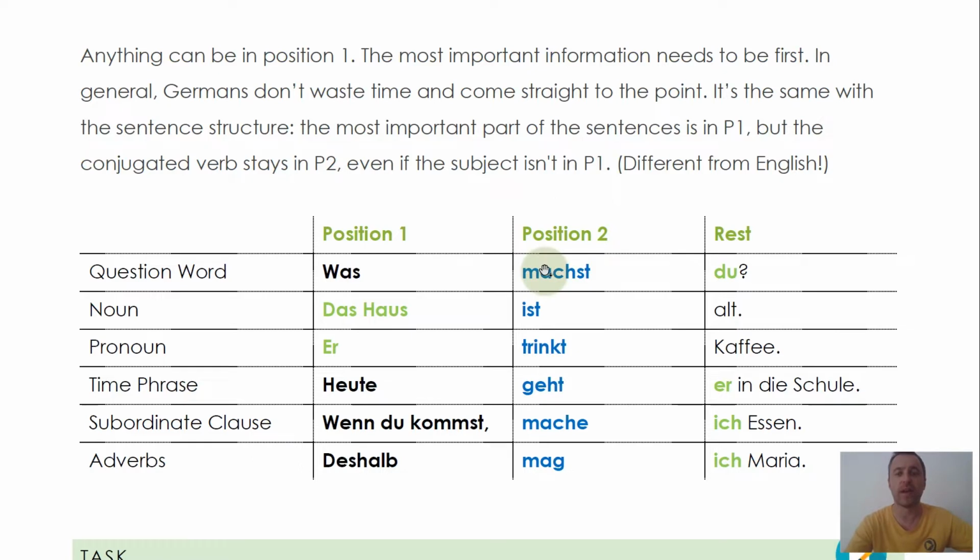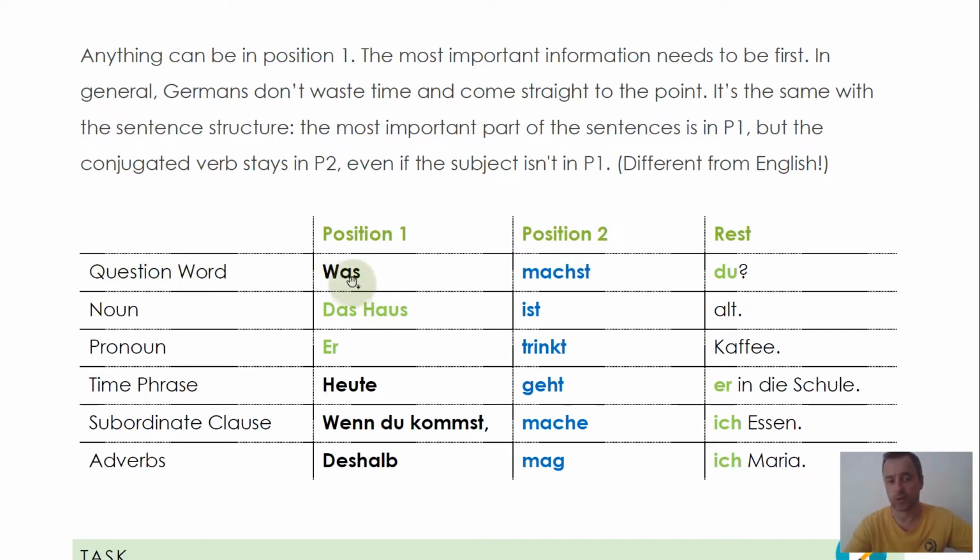Position 2 is the verb's position, so the conjugated verb's position, and that's non-negotiable. But position 1, very open to whatever is the most important information here. So let's have a look what obviously can go in position 1.